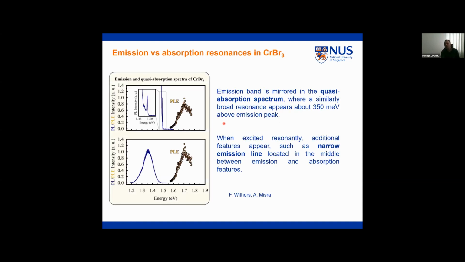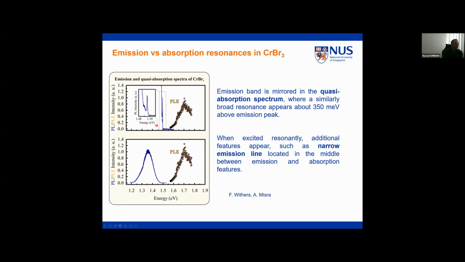And then if you look not only at the emission, but also at the absorption, this is a result of a photoluminescence excitation experiment, when we tune continuously the energy of the laser and look at the emission intensity. We observe that a similar band is also observed in absorption on the higher energy side.